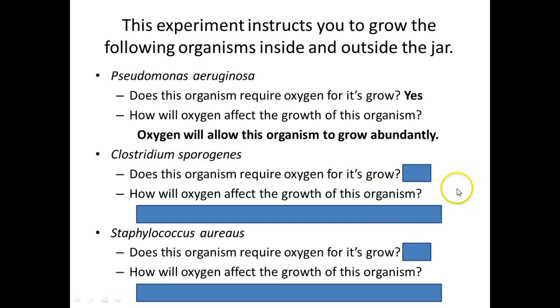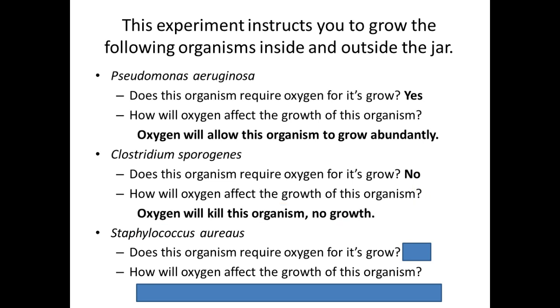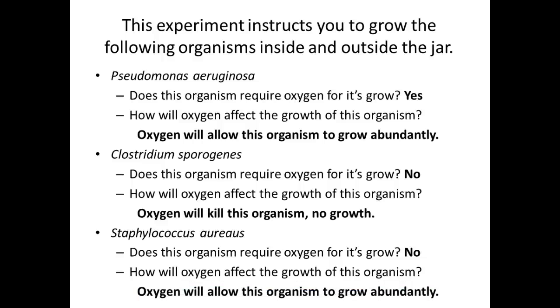So does it require oxygen for growth? No. In fact, oxygen would kill it. Staphylococcus aureus, does it require oxygen for its growth? Doesn't require it, no. But how will oxygen affect its growth? It'll grow abundantly, because it can utilize it.